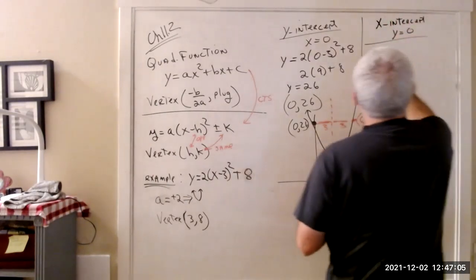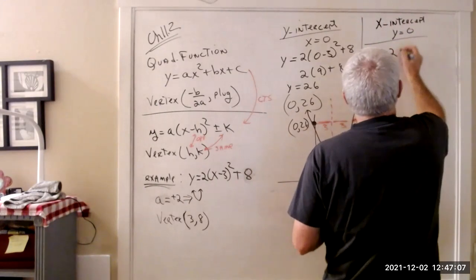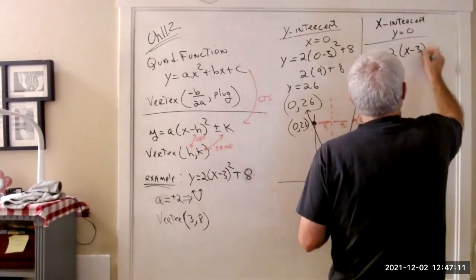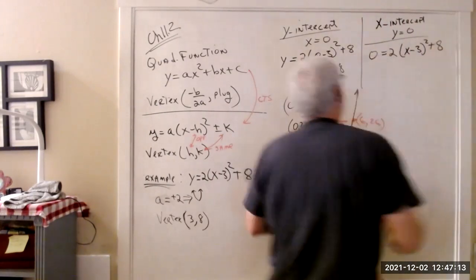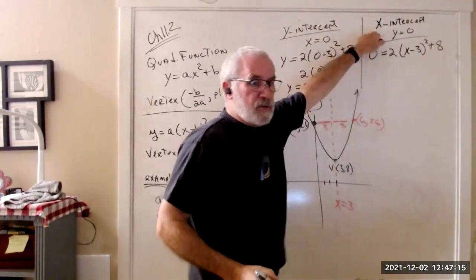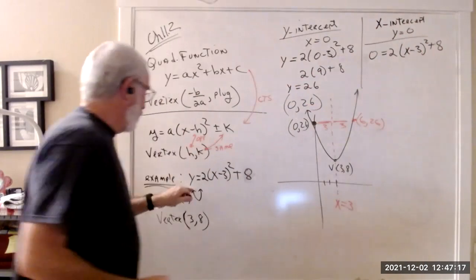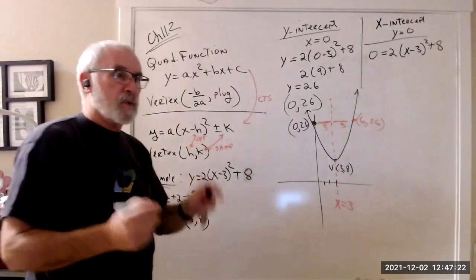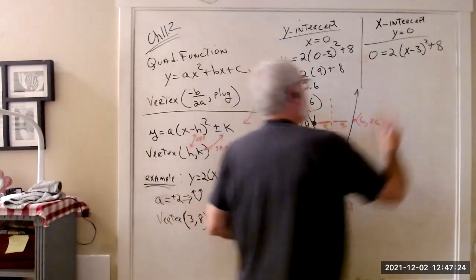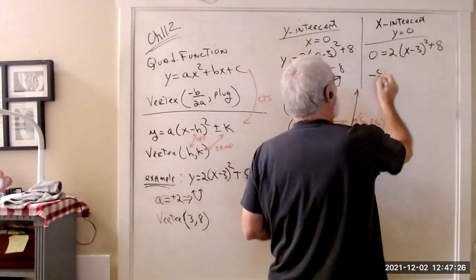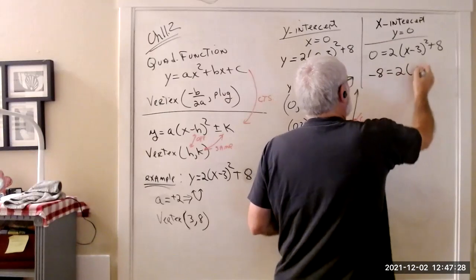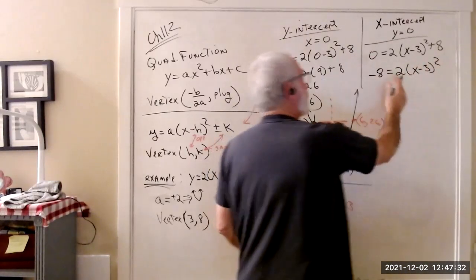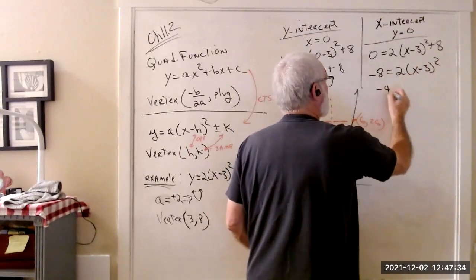So we have 0 equals 2 times (x minus 3) squared plus 8. To find the x-intercepts, we take our y value and make it equal 0, and then we solve that problem. The first thing I'm going to do is take away 8 from both sides. Then I'm going to divide both sides by 2.